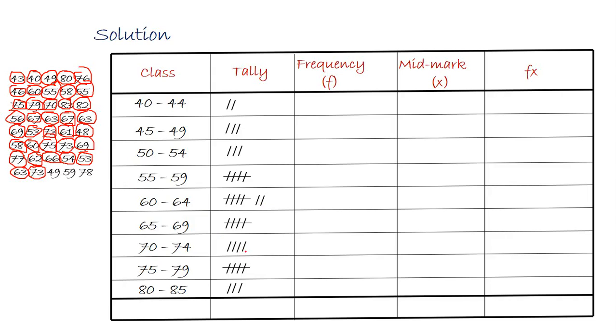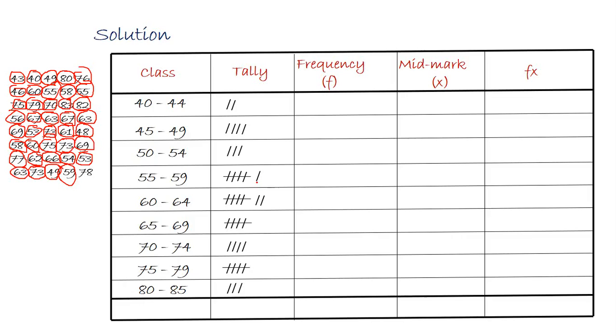Then we have 49, which lies in the class of 45 to 49 here. Then we have 59. 59 lies in the class of 55 to 59. Shall place it there.